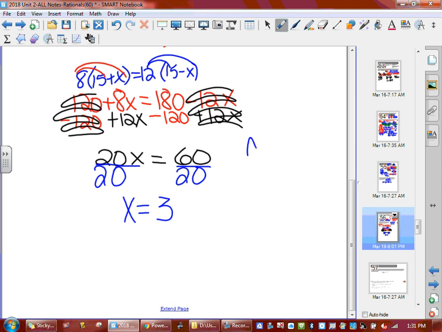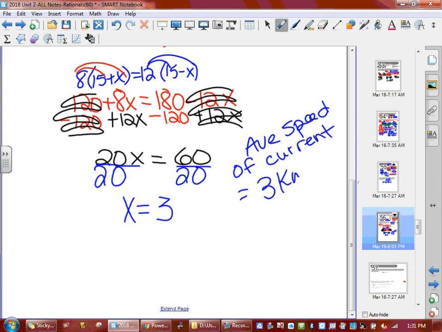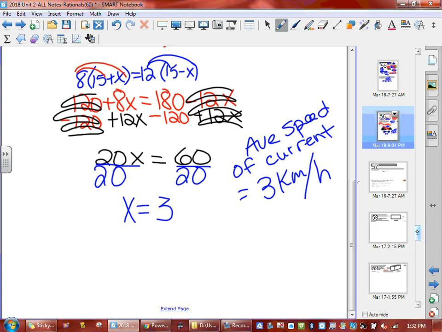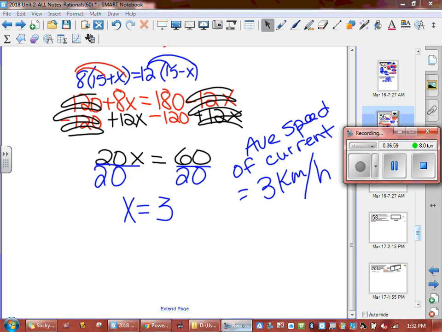So we would say the average speed of the current equals 3 kilometers an hour. Okay. These are the first 2 types of problem solving.